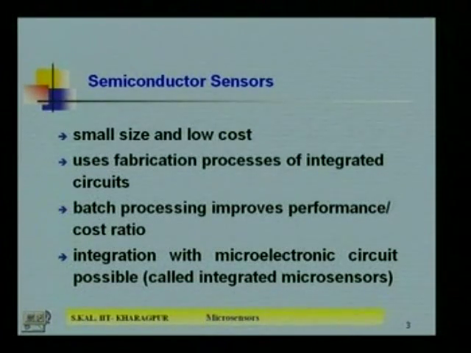And like ICs, semiconductor sensors can be batch fabricated, and batch processing improves the performance to cost ratio, and that is why people are now giving a lot of importance to semiconductor sensors. And at the end, it integrates with microelectronic circuits, as I mentioned a few minutes back. That is why this is coming up in a big way, and this particular sensor is called an integrated microsensor, or sometimes a smart sensor.